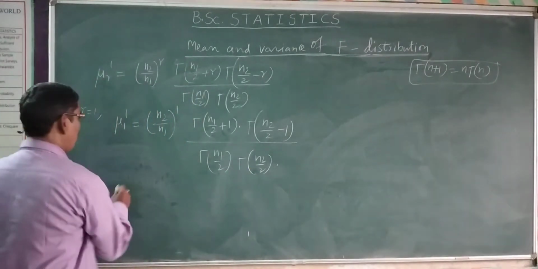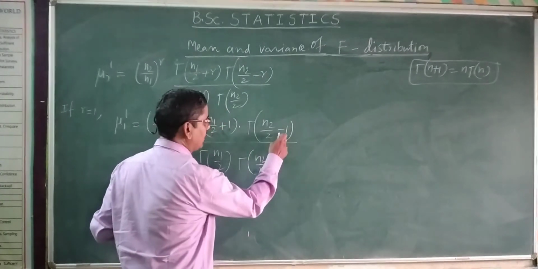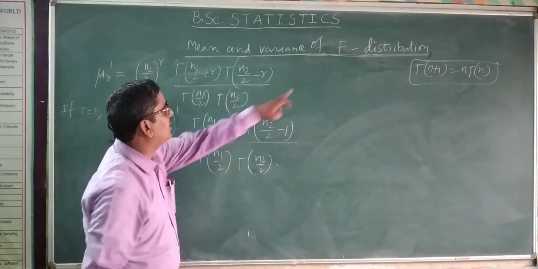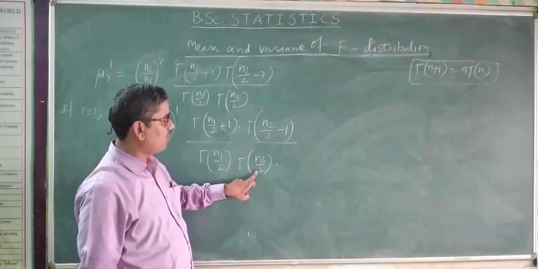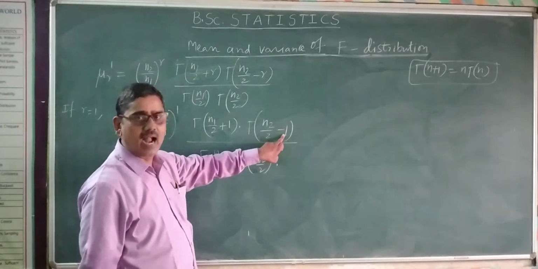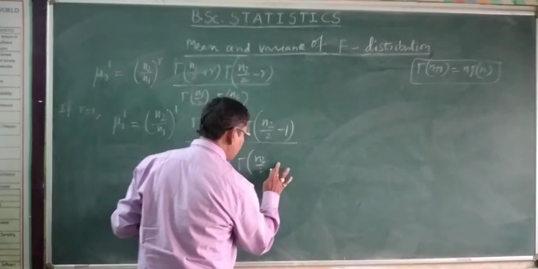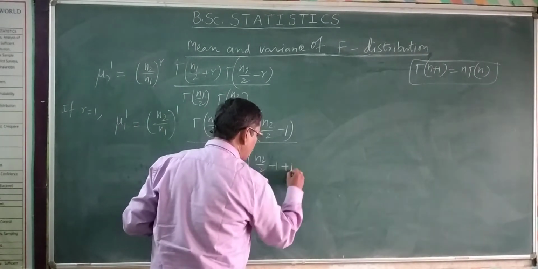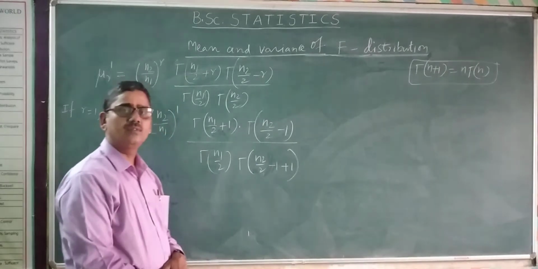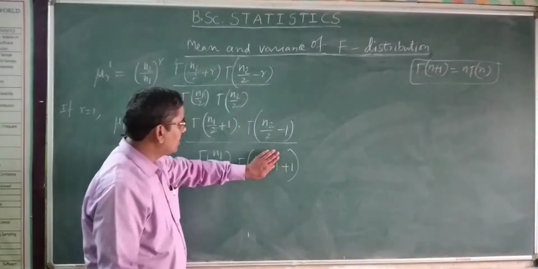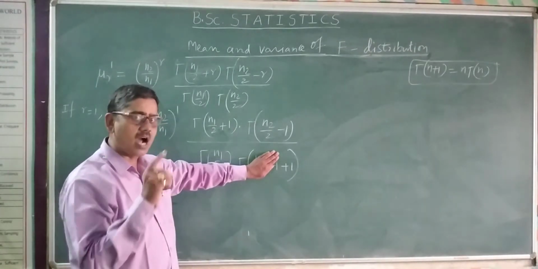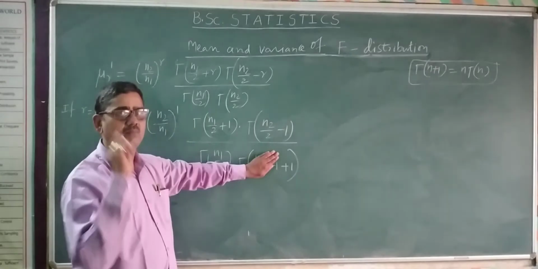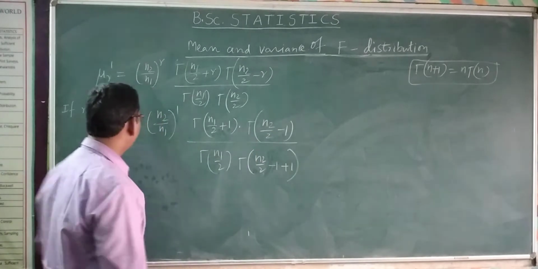The formula is directly available for this, but not for that. So what I do is subtract 1 and add 1, so here minus 1 plus 1. Do you understand this? Now easily, for n2 by 2 minus 1, if you consider m, gamma m plus 1 is m gamma m, so this will be cancelled.